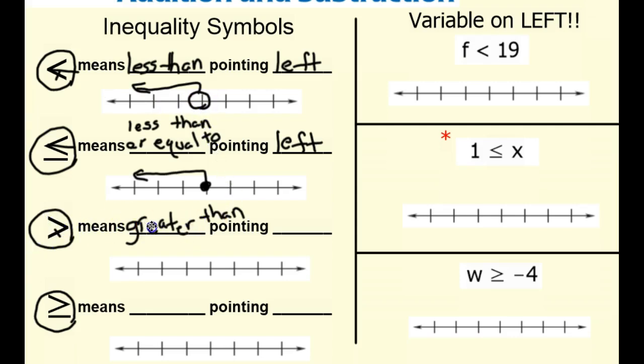Down here we already said that this is greater than. This is pointing in the opposite direction, so the opposite of left is right. Now this doesn't have a line underneath it, so we're going to draw another open circle. And now we're going to draw an arrow pointing to the right. Here we have the greater than sign again. So we can write greater than.